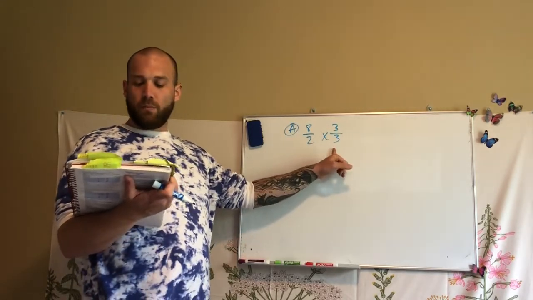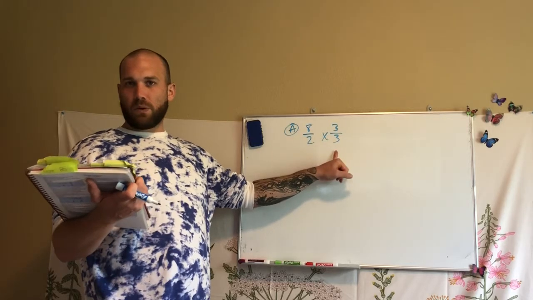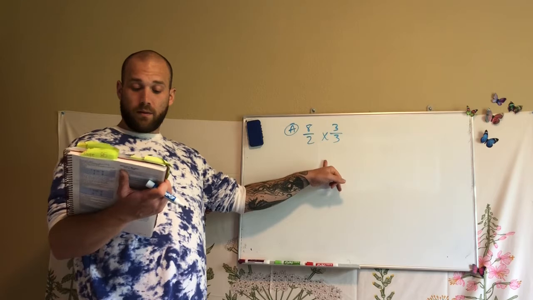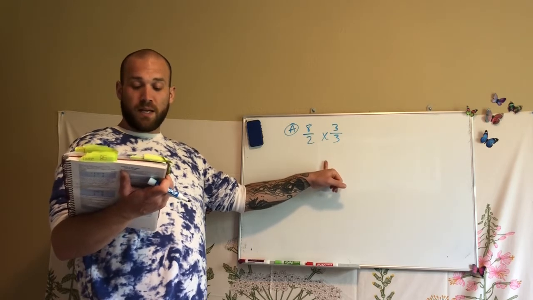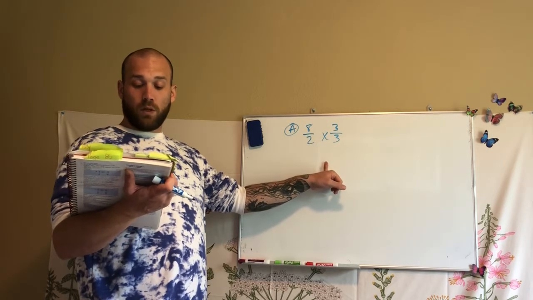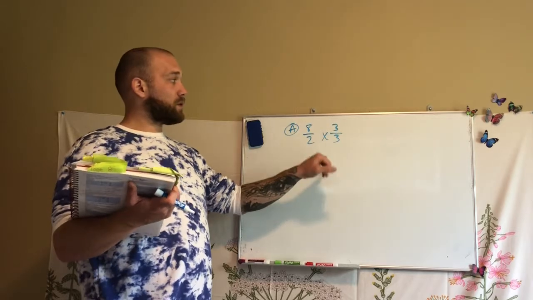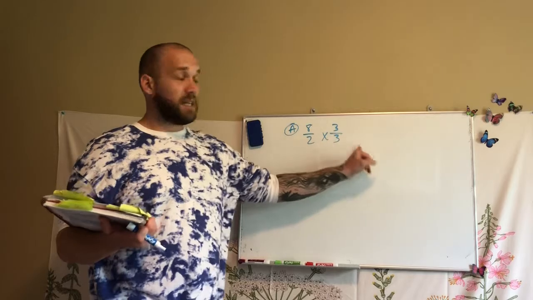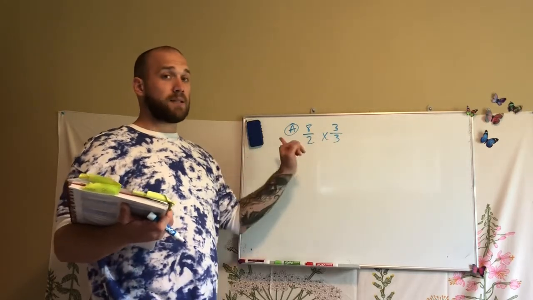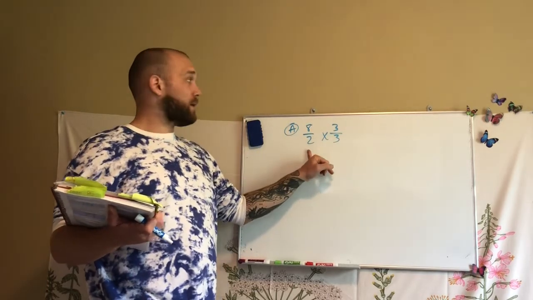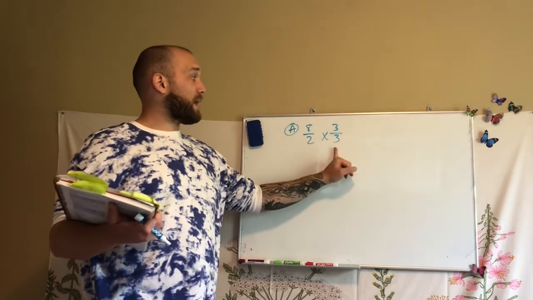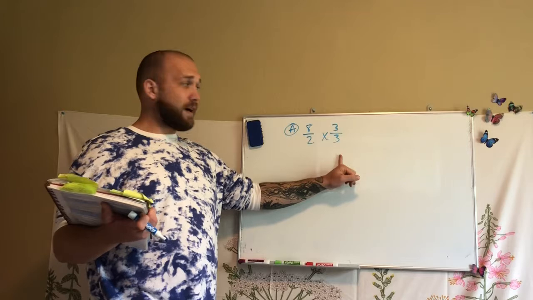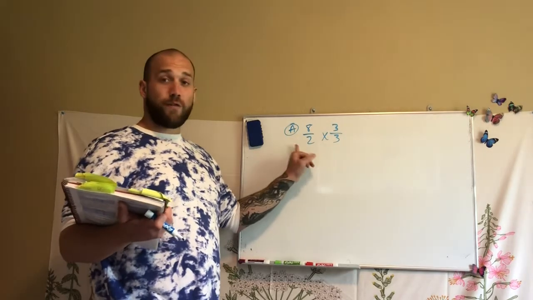Is 3/3 more than 1, less than 1, or equal to 1? 3/3 is equal to 1. So you will end with a fraction that's equal to 8/2. If you're multiplying by one whole, this side is going to equal your answer. We've been practicing it being more or less than 1, but now you know if you multiply by a whole fraction, 3 over 3, 4 over 4, 5 over 5, it's going to equal the fraction you start with.